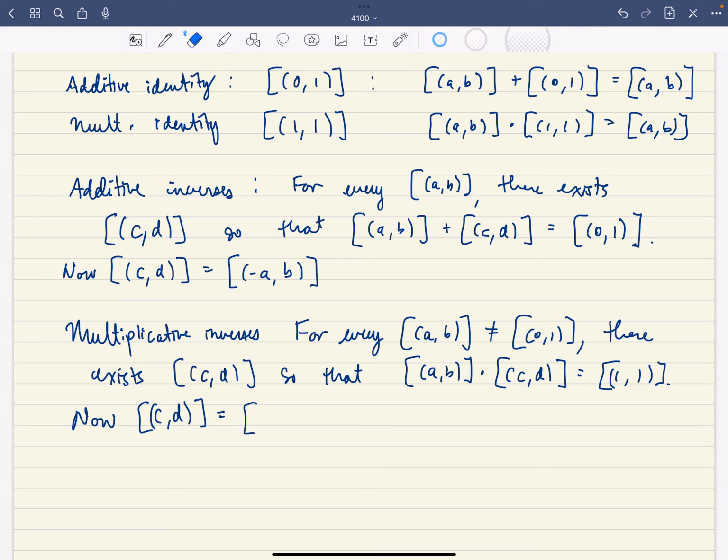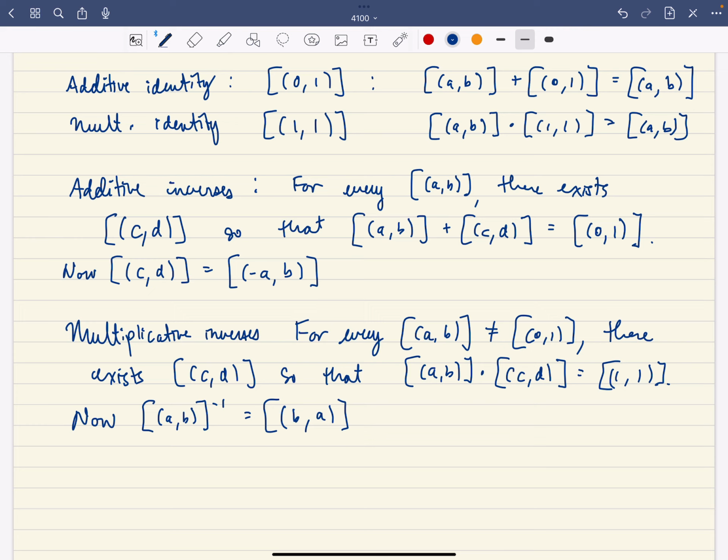let me write it like this. It turns out that the multiplicative inverse of (A, B), which I'm going to denote as (A, B) to the minus 1, is just the rational number (B, A). If you think about the way that these are defined, when you multiply them, everything is fine.